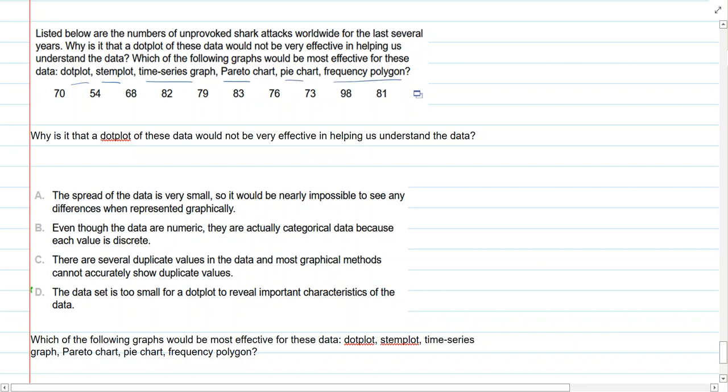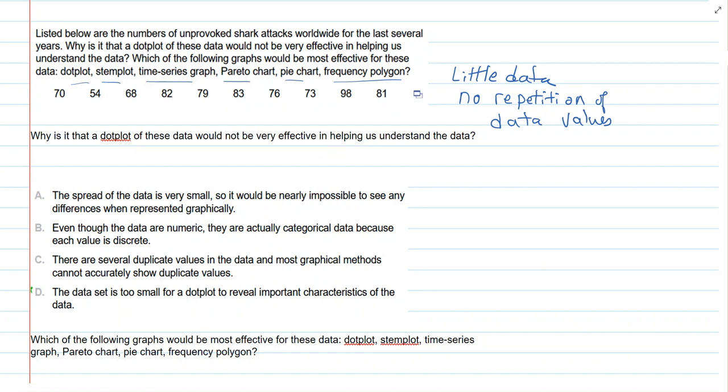Well, first off, we see that there is little data. And if we were doing a dot plot, we would see if we had repetition. And 81, 98, 73, 76, 83, 82, 79. No repetition of data values. So a dot plot is not good. So what is the problem with this?